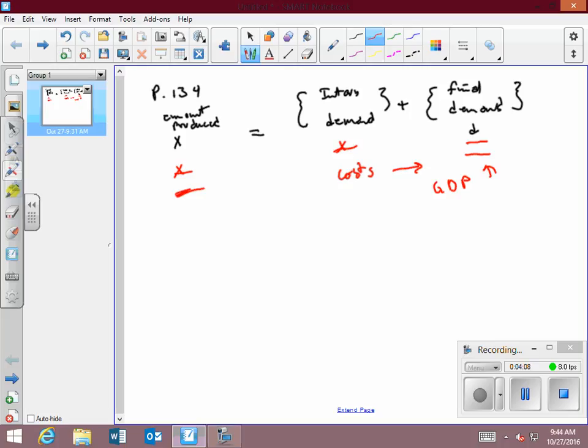And that's what this Leontief is saying, is that for the production of goods and services in the economy, there is an intermediate demand for goods and there's a final demand. And then what they do is this, they're going to call this formula, this is the production that all firms are doing.